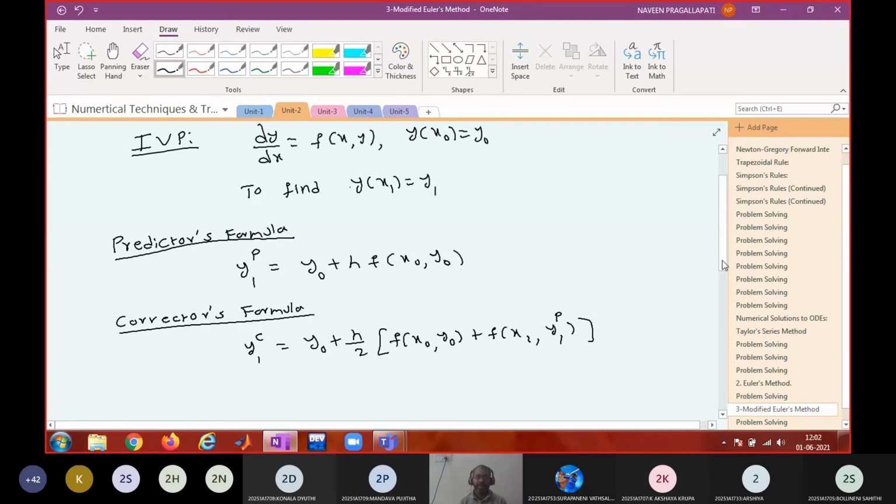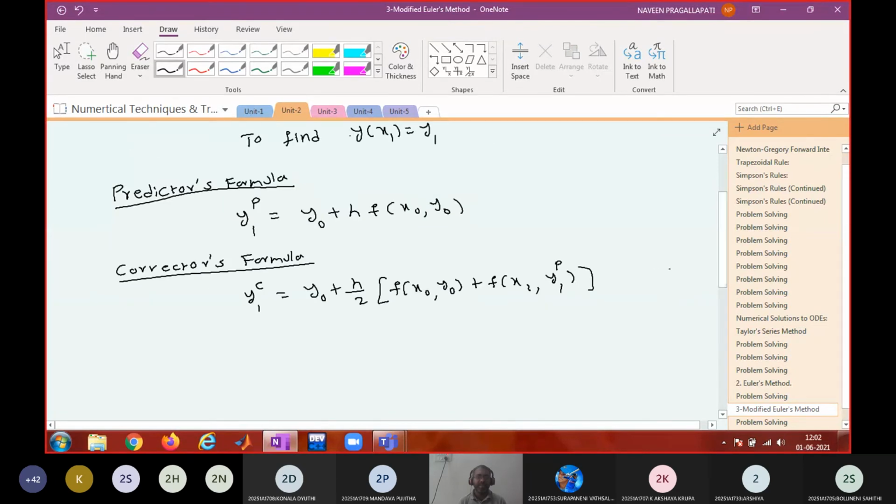So you will improve the accuracy of the value of y1 by applying this formula. You predict the value of y1, then correct it using this formula. How this formula is obtained we will discuss in the next class.